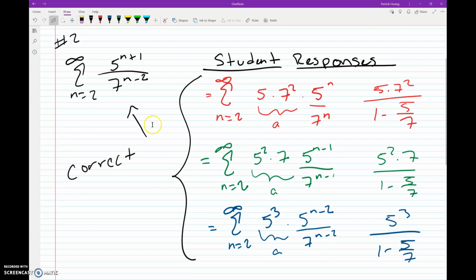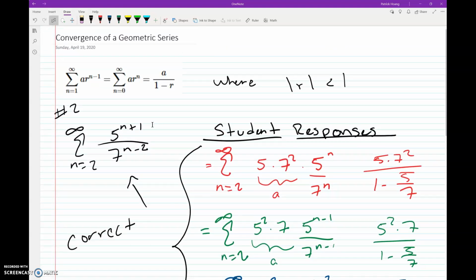And in order to explain that, we have to go back to the definition of the convergence of a geometric series. For a geometric series, we know that as long as r is less than 1, it will converge. More precisely, it will converge to this value, a divided by 1 minus r, where we find these a and r values from the geometric series.